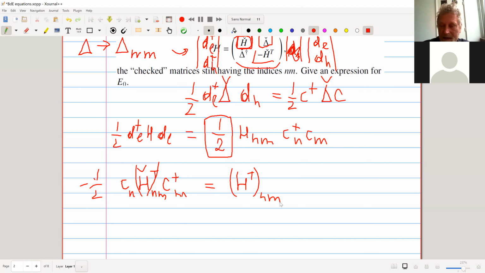If n is not the same as m, what do I have? I have a minus, which compensates this minus. Okay, now those are in the correct order.